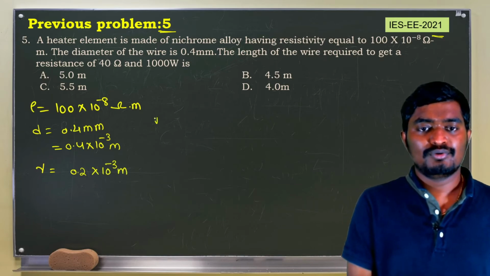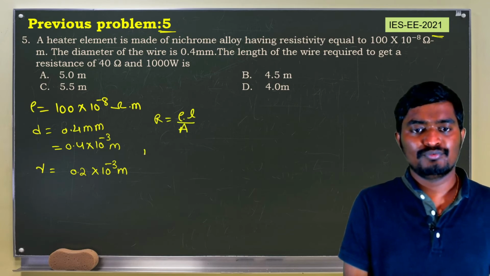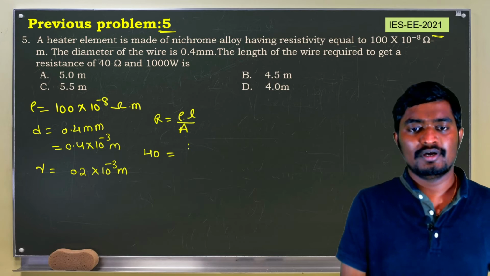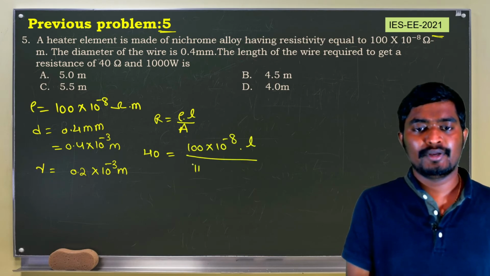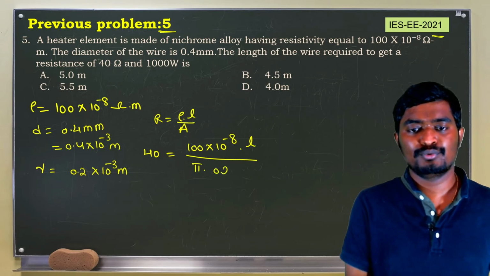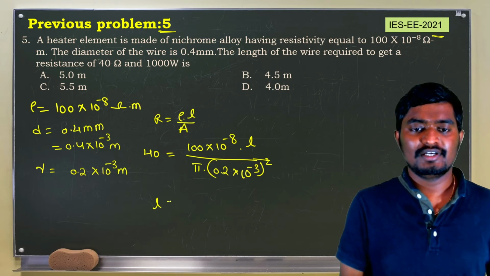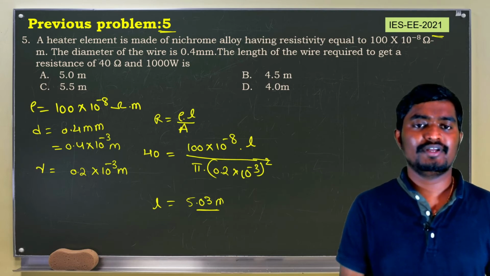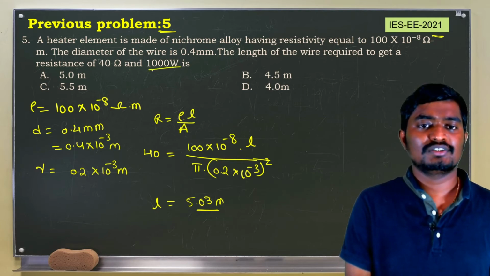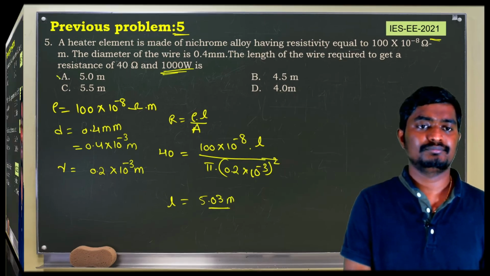From the formula R equal to rho into L upon A, R equal to 40 ohms equal to rho, which is 100 into 10 power minus 8, times length divided by pi into R square, 0.2 into 10 power minus 3 whole square. We will get length L equal to 5.03 meters. In this question, for calculating the length of the wire, the power value is not required. So the correct option is A.